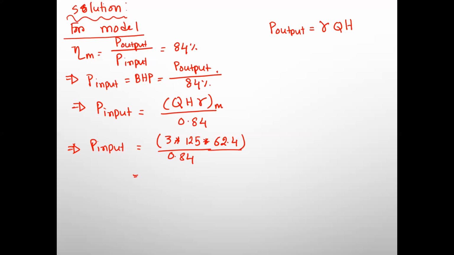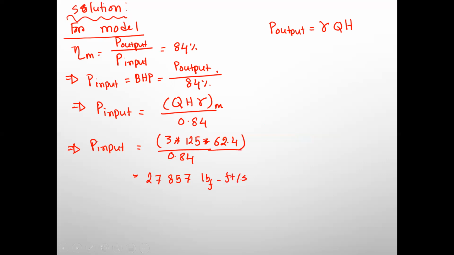Okay. And if I do the calculation, it will be 27857 feet-pounds per second.